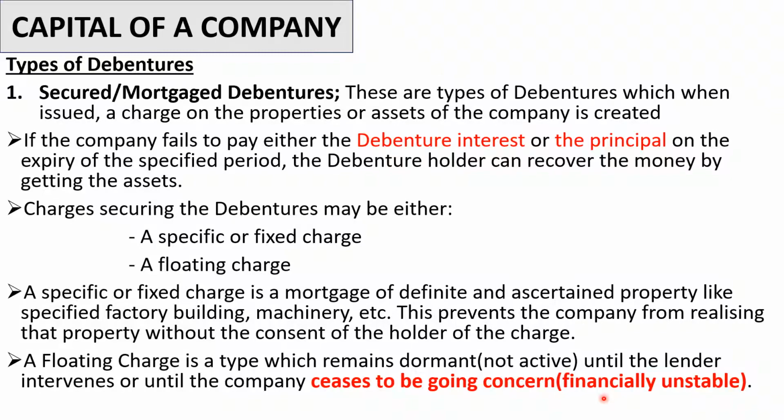Or if the company seems to be failing, then the lender can come in and the company will stop using the asset. So the difference is that a specific or fixed charge is created on specific, certain, fixed items like machinery and a factory, whereas a floating charge is for assets that can be changing. So that's the difference.